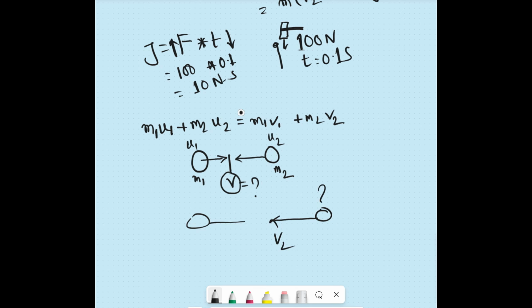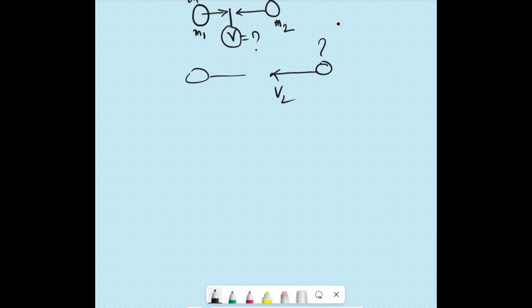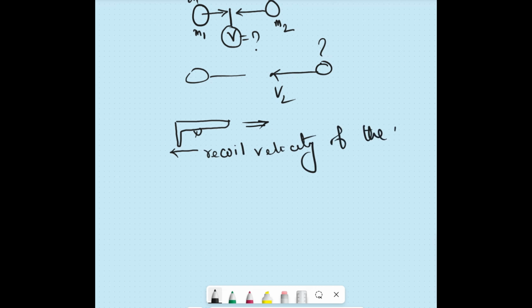There are various types of questions that might be asked within this equation. Anyways, we have to learn these types of math as well. It is very important for us. By using the law of conservation, we can find out the value of, say, there is a gun. If you fire a bullet, you can calculate the recoil velocity of the gun.